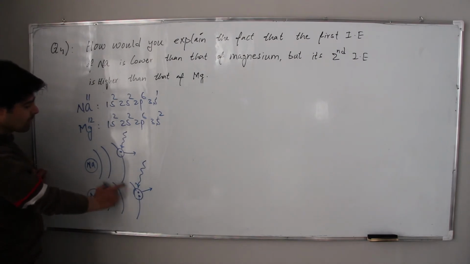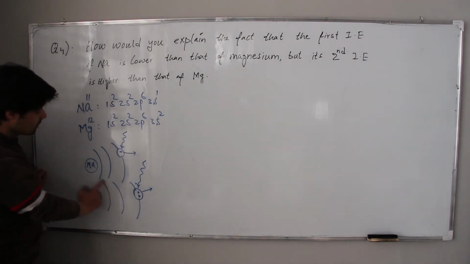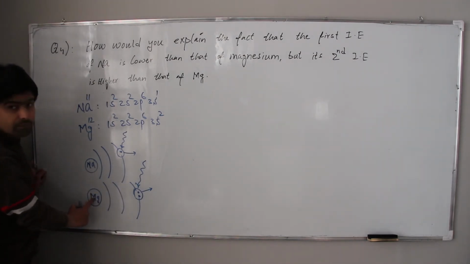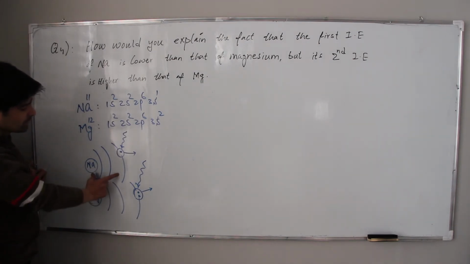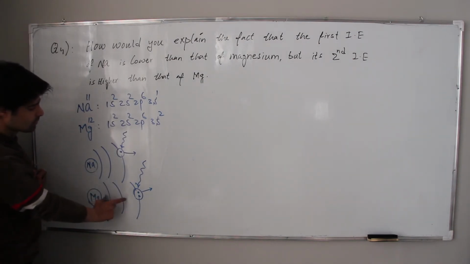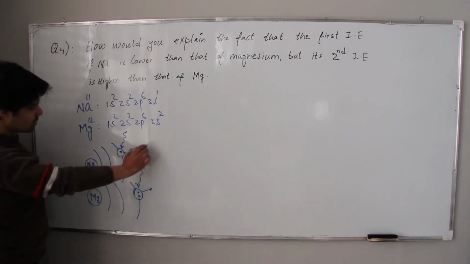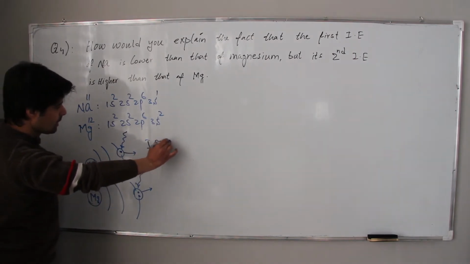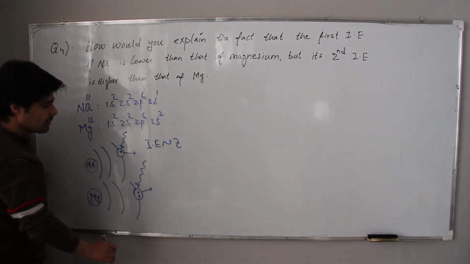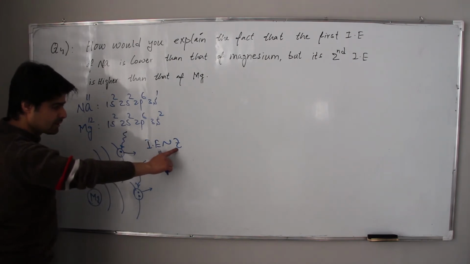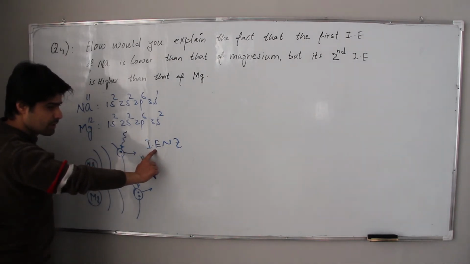Now they are in the same shell but with different atomic number. It means the sizes are almost the same but the atomic numbers are different. Ionization enthalpy is directly proportional to Z. Whatever Z is, ionization enthalpy is increasing.